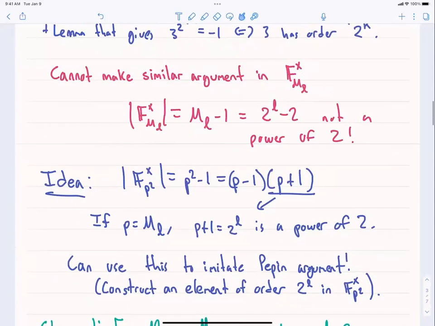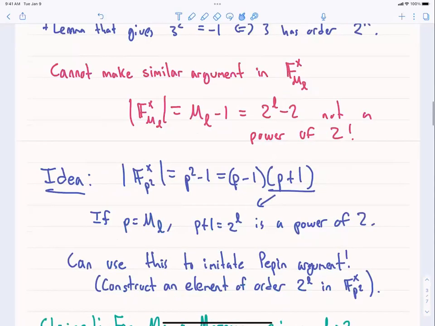Okay, and so the idea is that instead of using F_ML cross, like so p is ML, I should instead use a bigger field, F_p squared. So I should take, instead of a field with a prime number of elements, a field with the square of a prime number of elements.